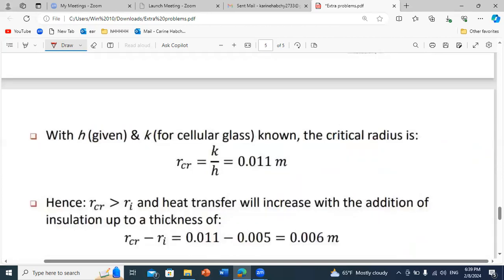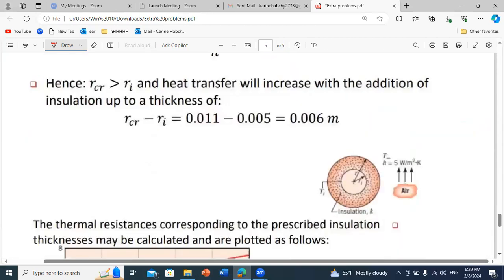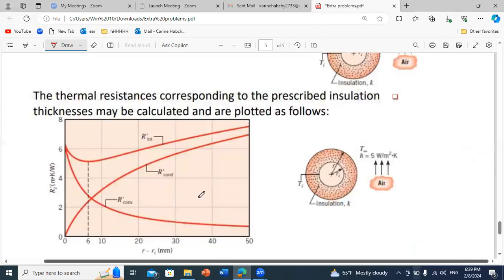And you can verify this by doing a small drawing. If you draw the variation of the total resistance, you will detect the presence of a minimum. And then as you go away from this radius, your total resistance will keep increasing.